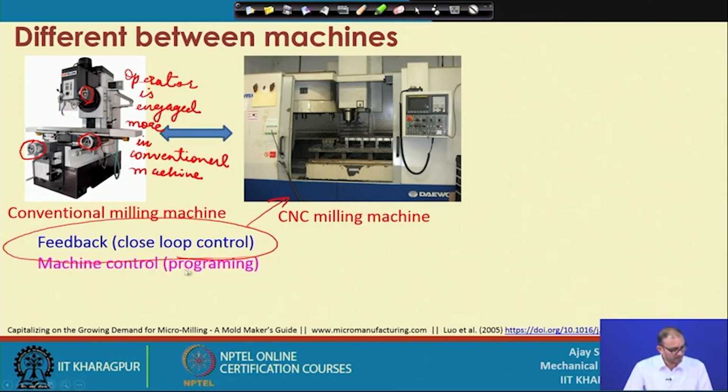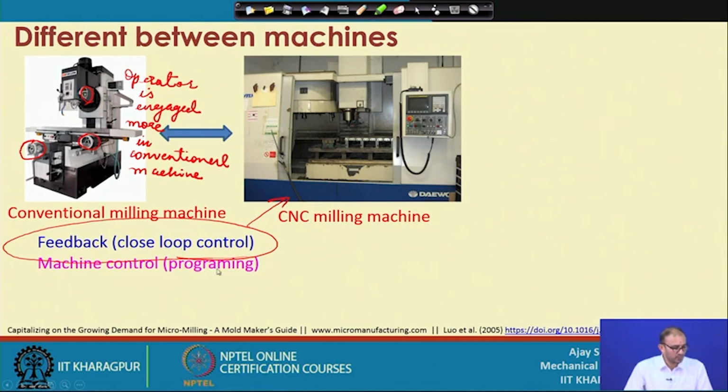Then machine control, that is the programming, because in conventional machining we do not do any type of programming. That means movement of the axes depends purely on the operator or the machine specification, the way you can engage the automatic feed and automated movement, but that is not as precise as the CNC machine.